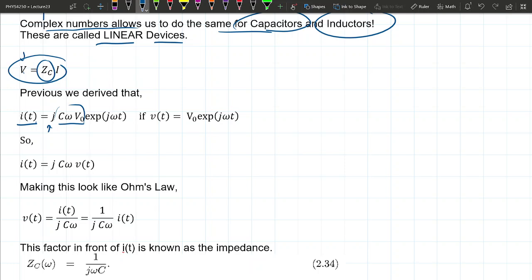So in this case, the voltage has to be equal to, what do I do? If I compare this equation and this equation, the difference between these two is this factor in front.